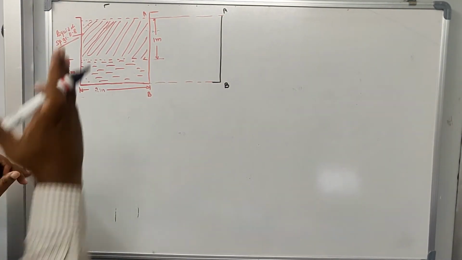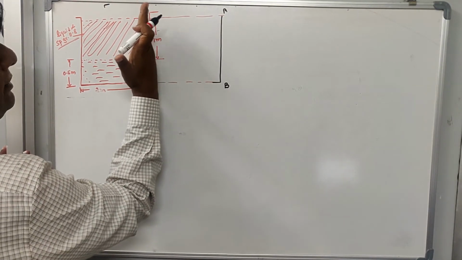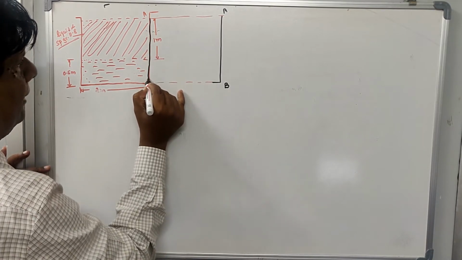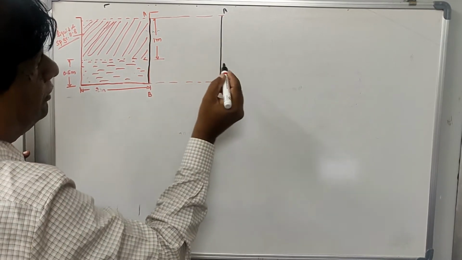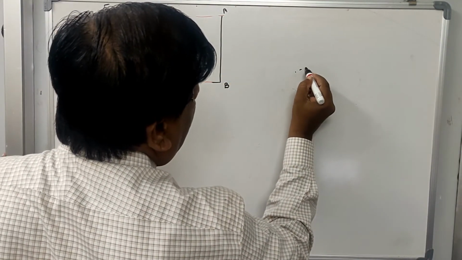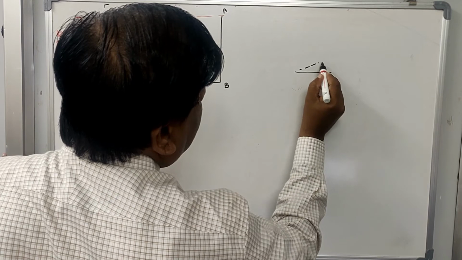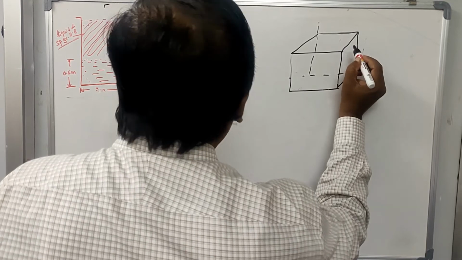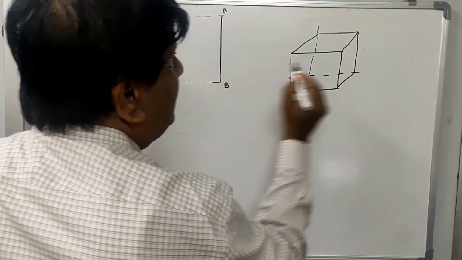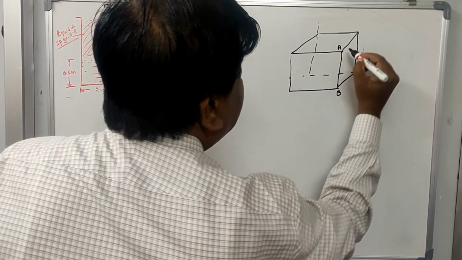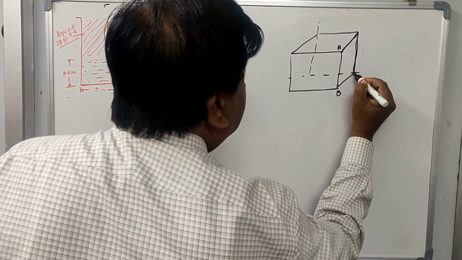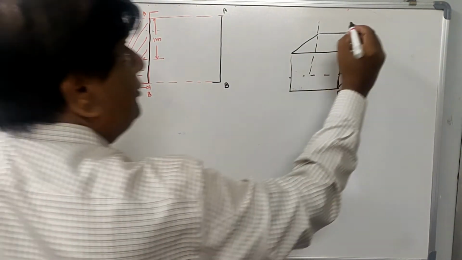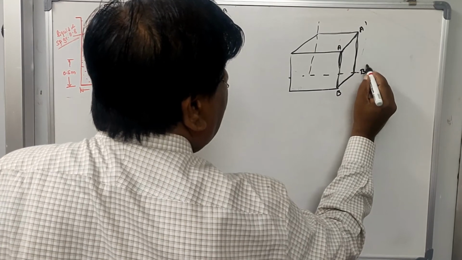This is the vertical side of the tank, and the width of the tank is 2 meter. Actually in the three-dimensional figure, it looks like this. This AB means this line, and it is nothing but this plane, this side A dash B dash.